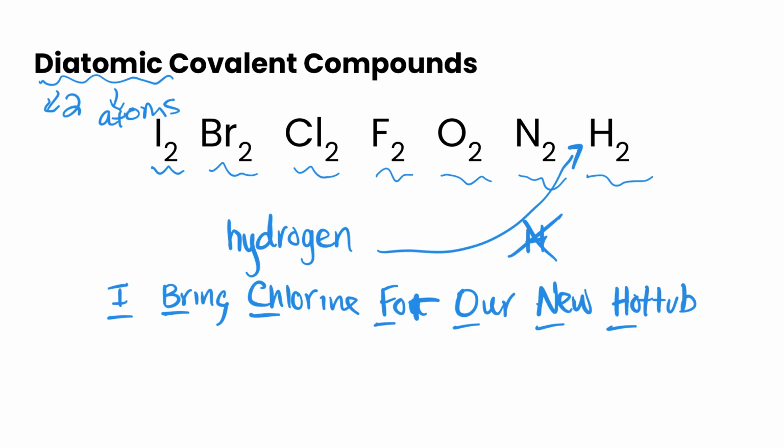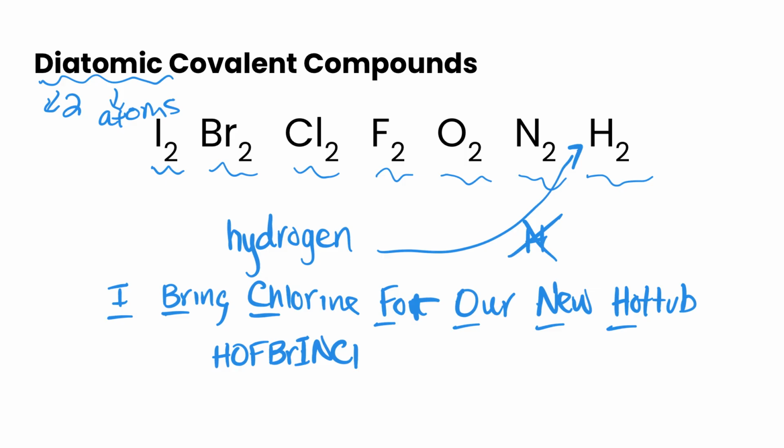You could also just use, and I've seen this quite a lot, Hofbrinkel. It's not really a word, not really a saying, but it is pretty rememberable for you to remember these diatomic ones.